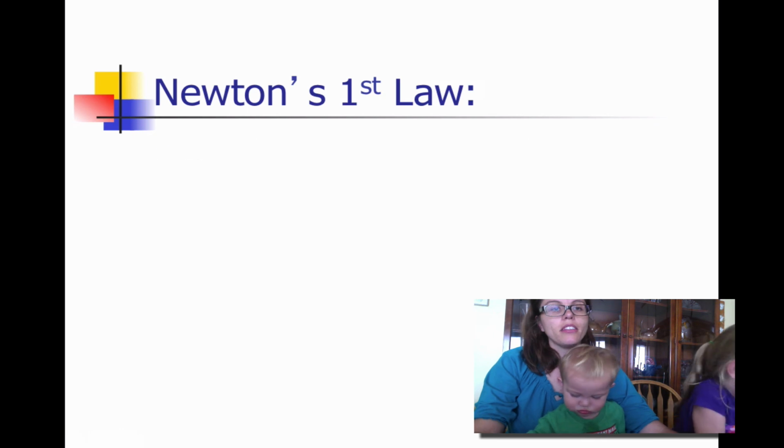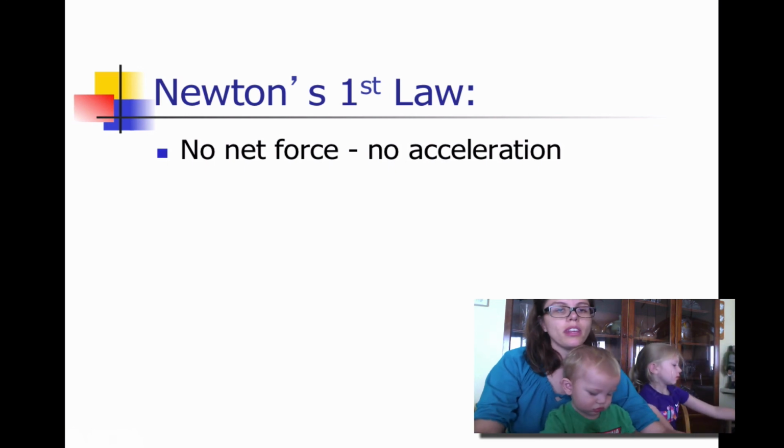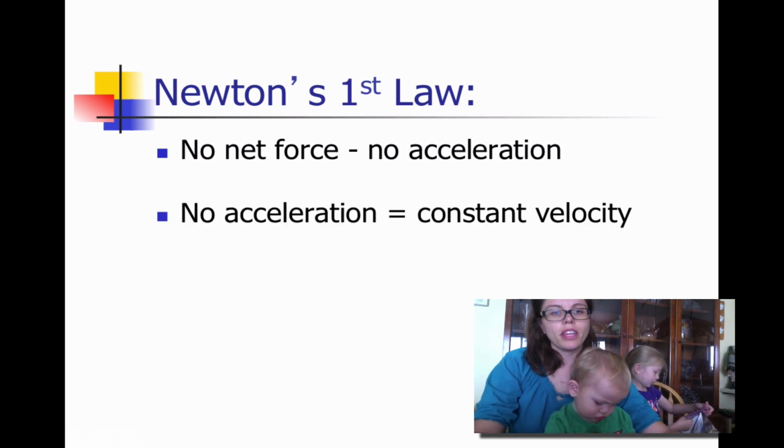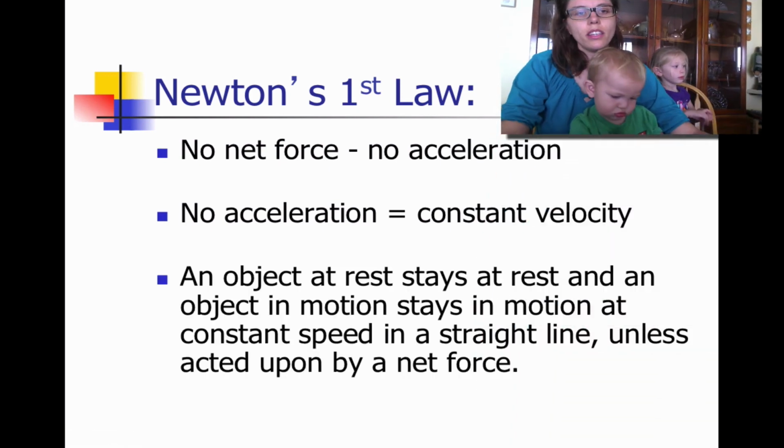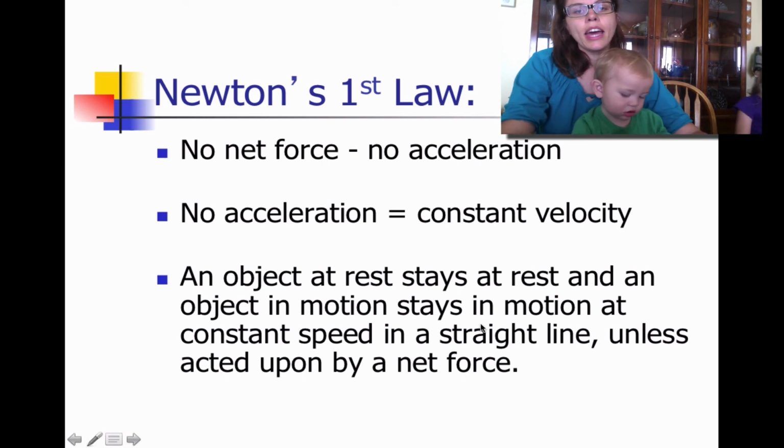Okay. So Newton's first law means no net force, net meaning total force, means no acceleration. No acceleration means constant velocity. So what Newton said is an object at rest stays at rest, and an object in motion stays in motion at a constant speed in a straight line.